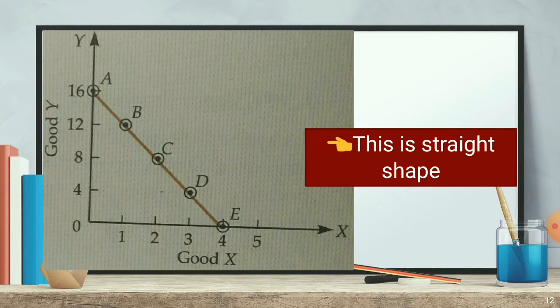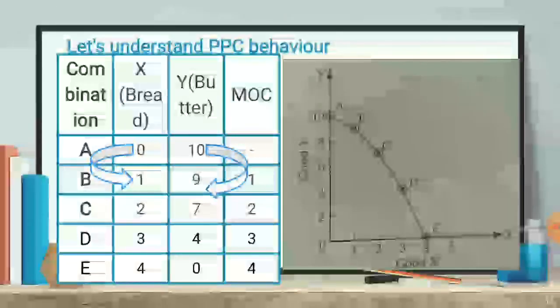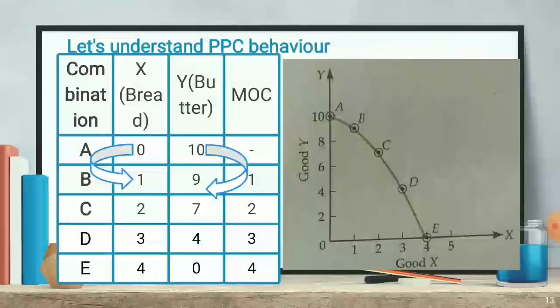Now you may have a question: how has it been done? Just look at the table once again, which we used in the first one. Remember, here the resource is fixed. I am assuming only one machinery. If we use the one machinery for the entire production of Y commodity, there will be zero production of X commodity.